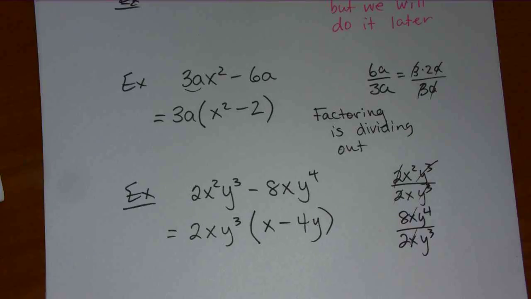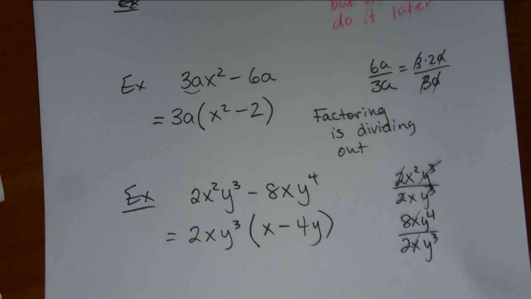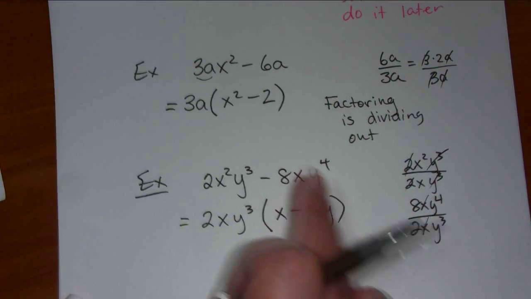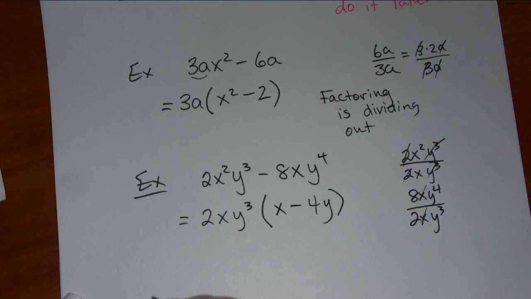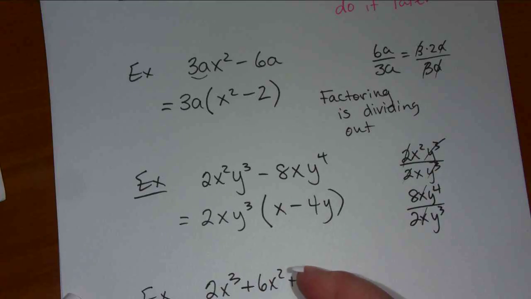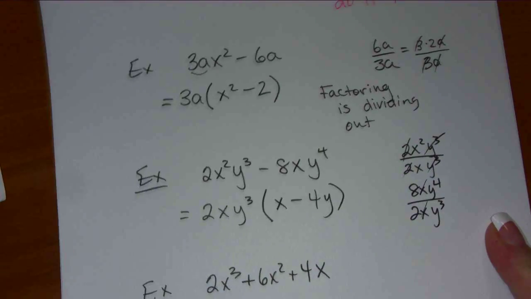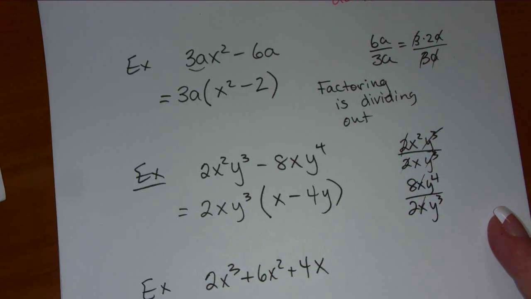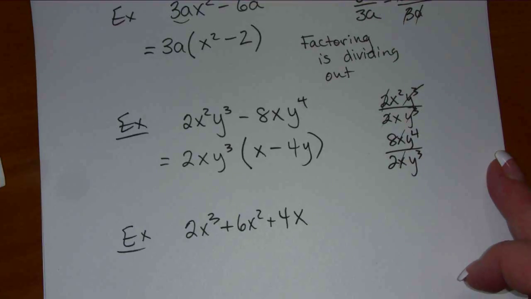Now, realistically, the ones we see are not going to be even as complicated as that, because in calculus we won't often see these things. What you're going to see more likely is something like this. And what would factor out of that?